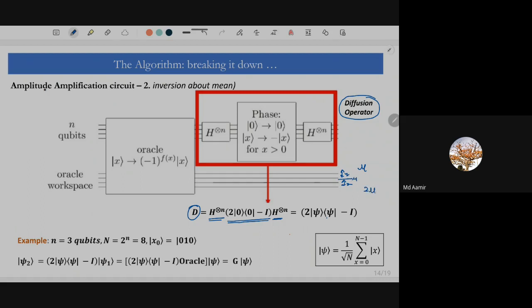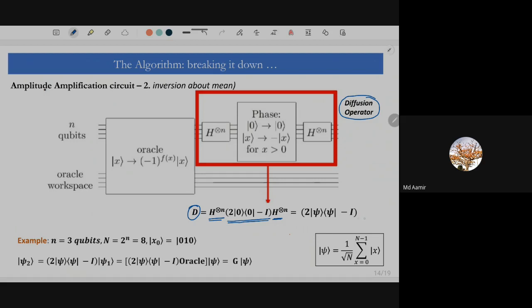So the height here will be 2 mu minus alpha I. That's why we have 2 here, this is mu, and when alpha I acts here, this will be our alpha I. That's how we got 2 psi outer product psi minus I.